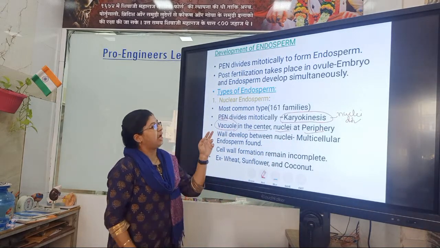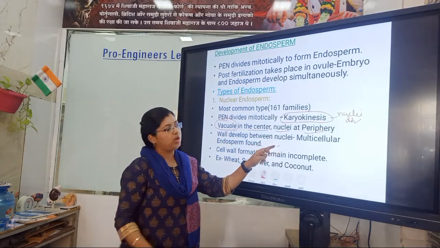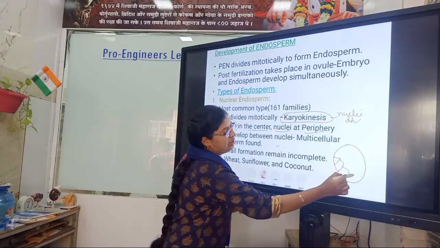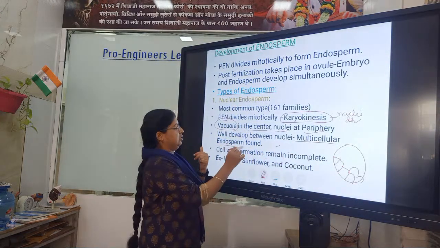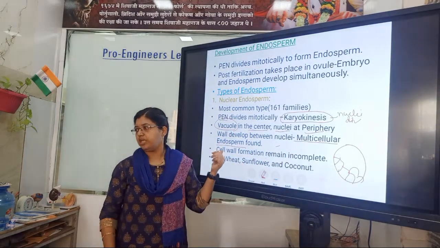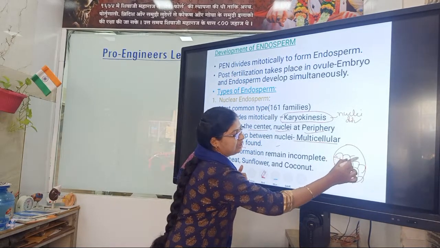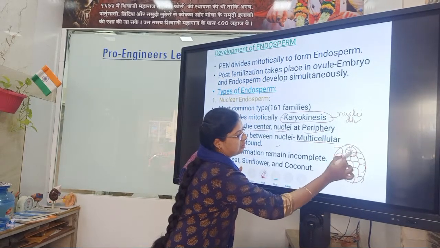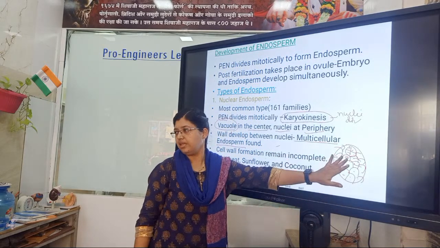After that, wall develops between nuclei, which means a multicellular endosperm is formed.